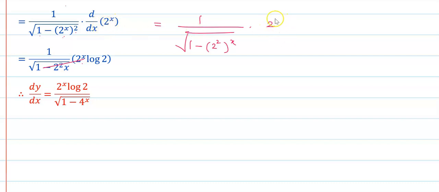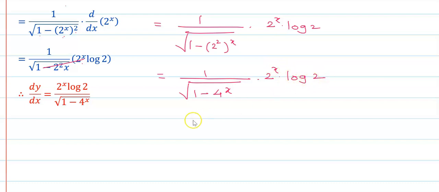Its derivative is 2 raised to x into log of 2. And this 1 upon under root of 1 minus 2 raised to 2x means 4 raised to x, so the answer is 2 raised to x into log 2 upon under root of 1 minus 4 raised to x. Okay, and this is the answer.